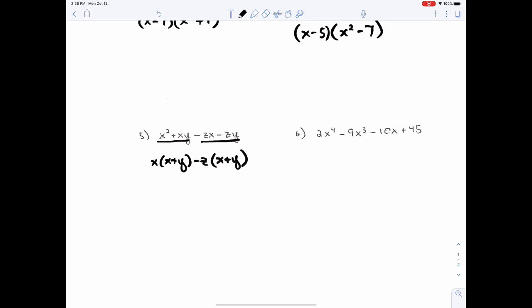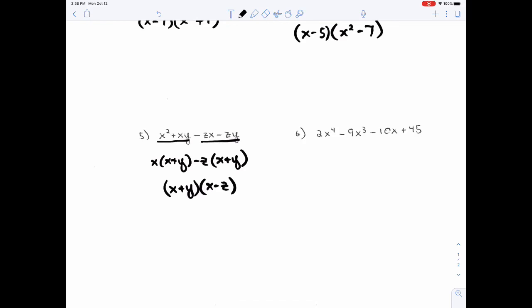Again, we haven't factored it because this thing's being subtracted. We're kind of just setting it up to be factored, that's all. Okay, so now we have an x plus y common to both of them. And if we pull out an x plus y, we get x minus z. Okay, that's factored.